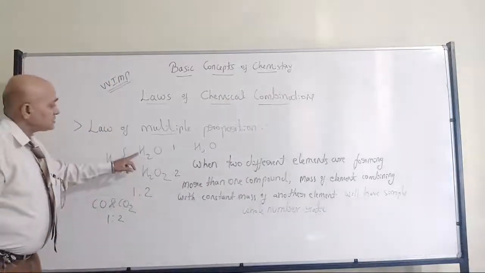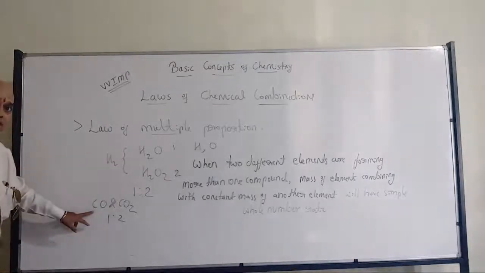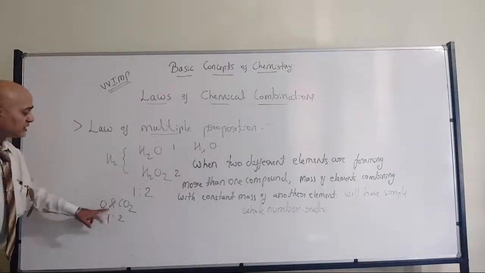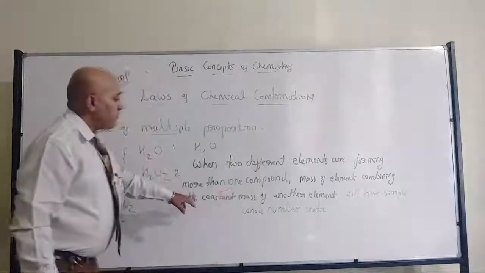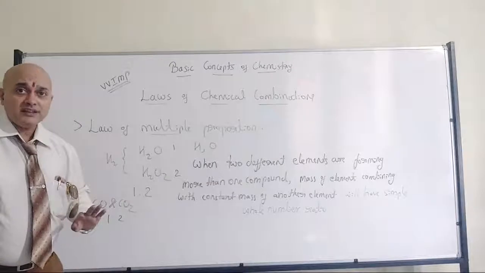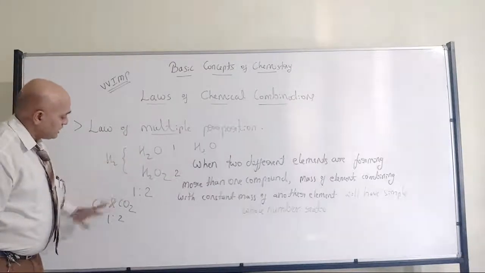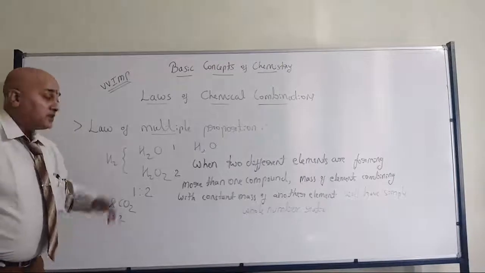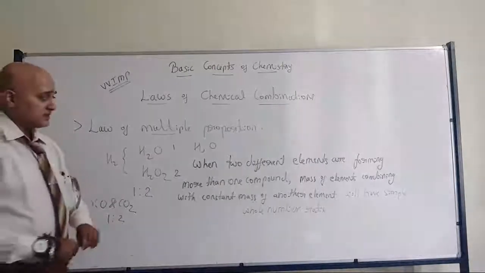So which is the constant mass here? That is hydrogen. Which is the constant mass here? That is carbon. So that's where we have mass of element combined with constant mass of another element. Constant mass of another element is hydrogen and carbon, and the other element combining in both cases is oxygen.